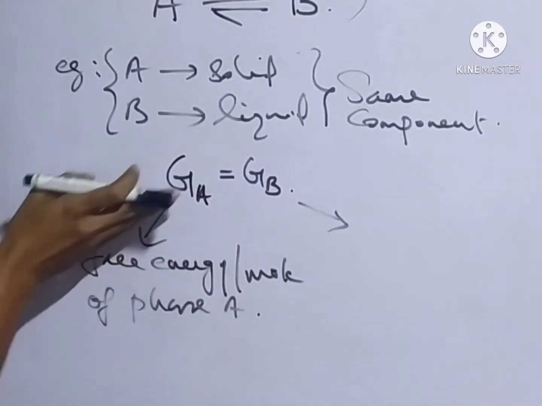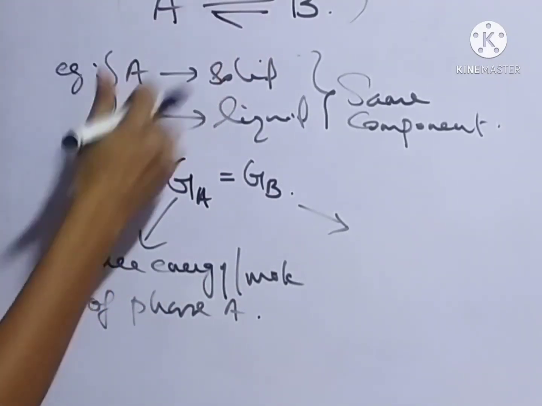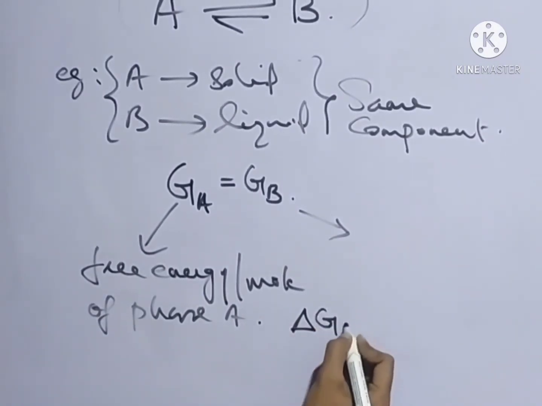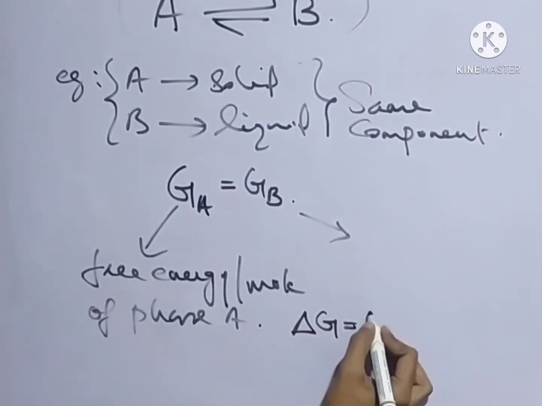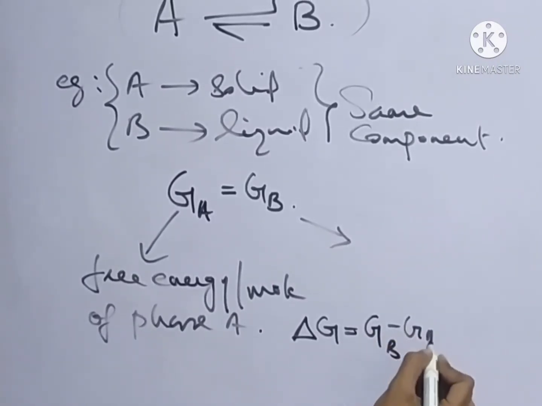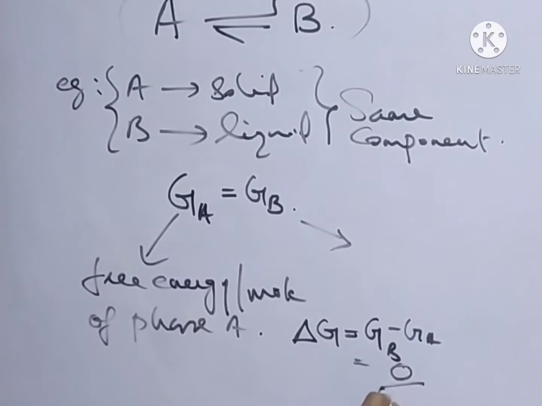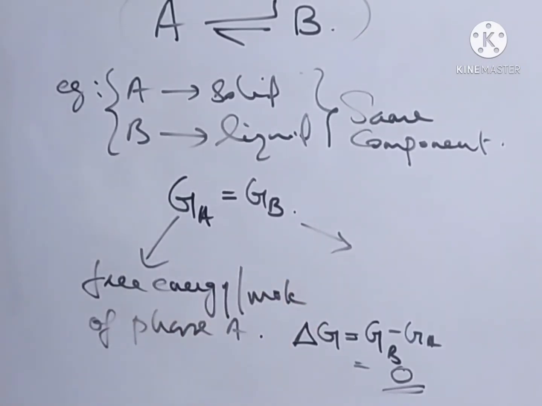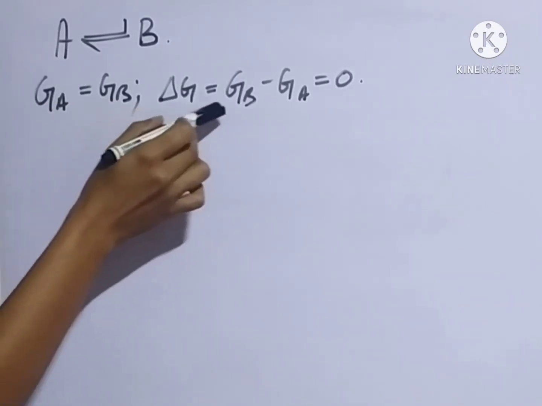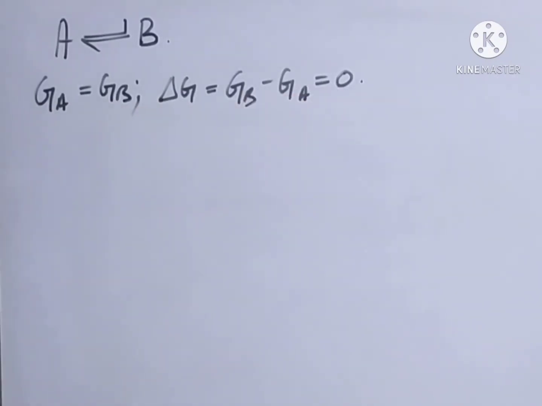So the difference in free energy of these two states is 0. That is, delta G for this reaction equals GB minus GA equals 0, since these two are the same.